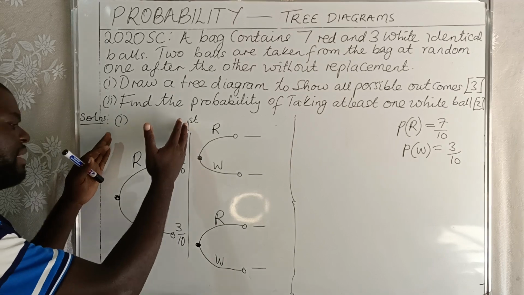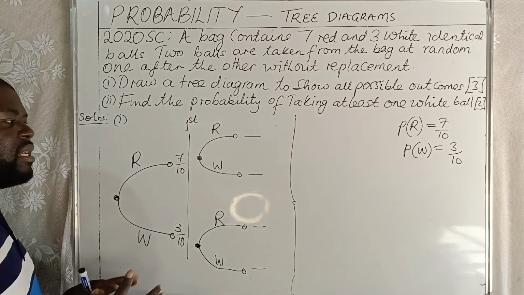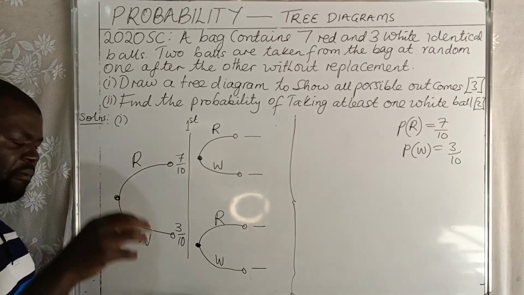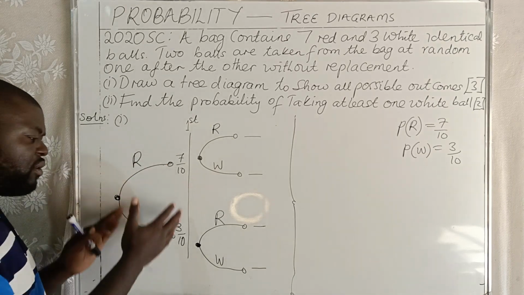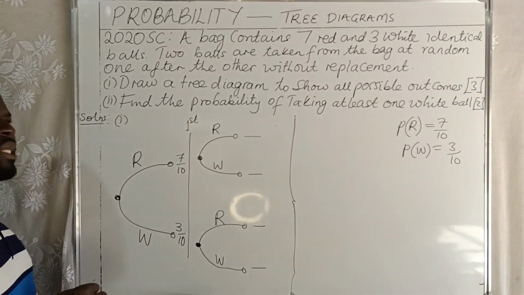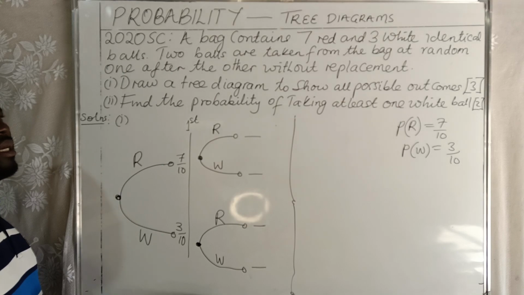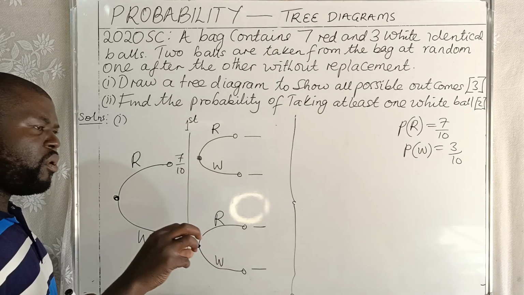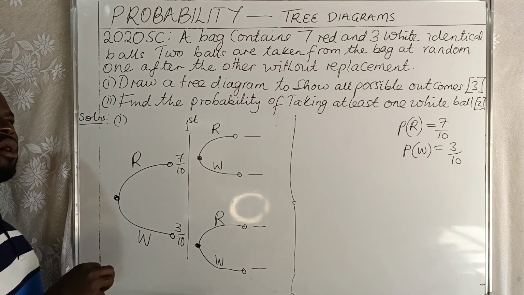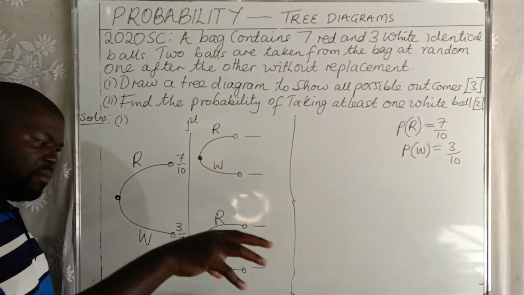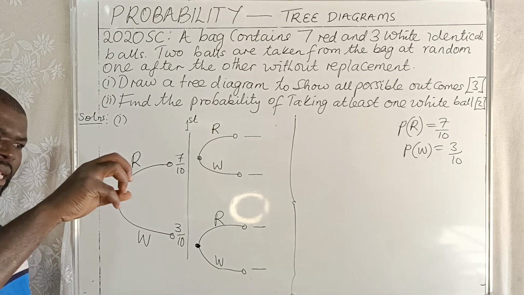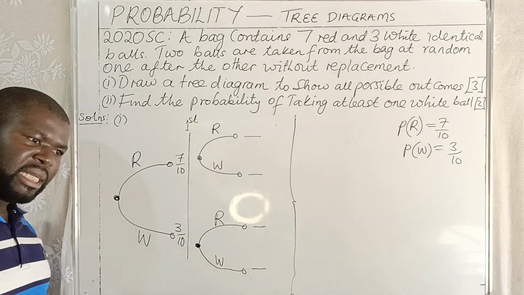That's why the first set of branches represents the first picking. The first set of branches represents where the first picking is going to be done from. Okay, so the first ball was picked out of 10. So this one was picked from the 10 and put aside.